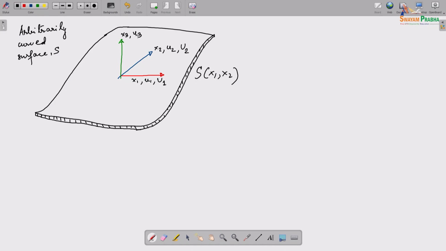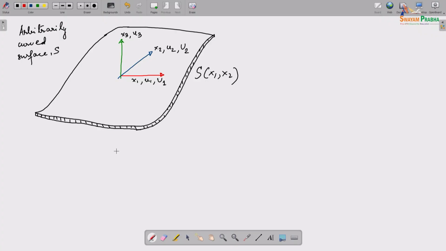I haven't written a capital U3 there, meaning a velocity component of the free stream. The free stream we're taking as having two components only, in the x1 direction and x2 direction, and x3 is the direction which is always perpendicular to the plane formed by x1 and x2.